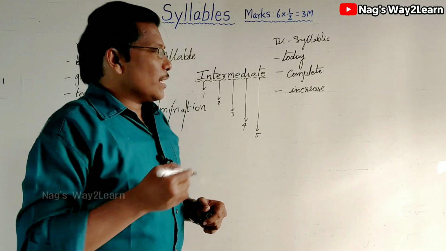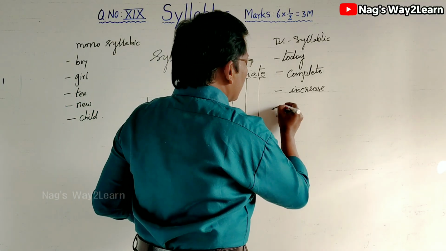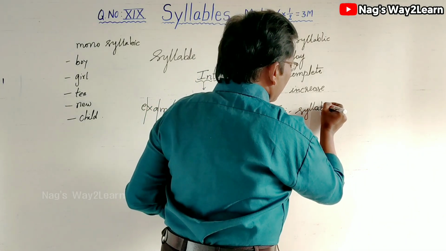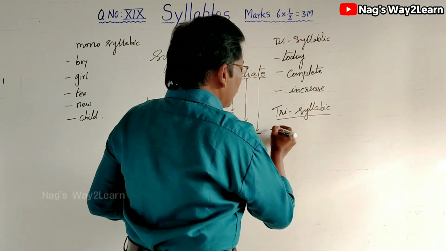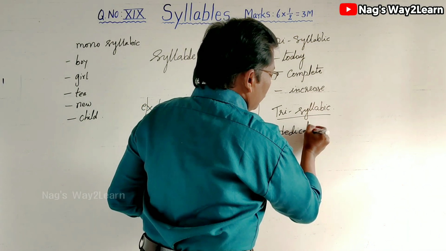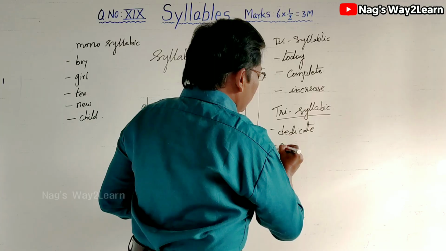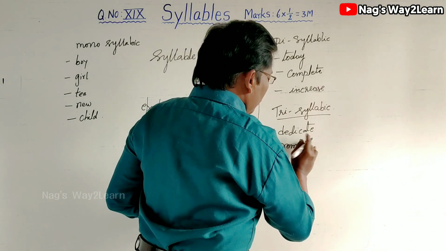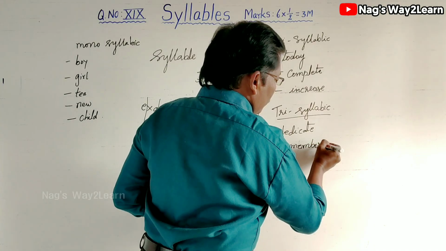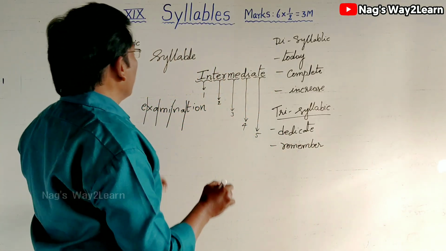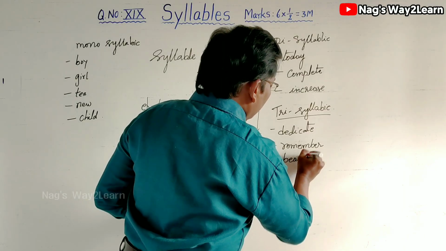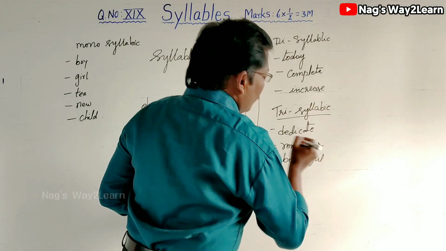Okay, understand? If there are 3 syllables, we can call them trisyllabic words. For example, dedicate, remember, and beautiful.